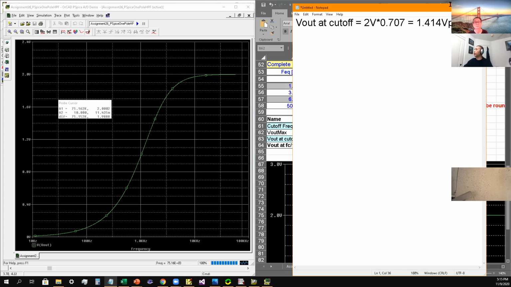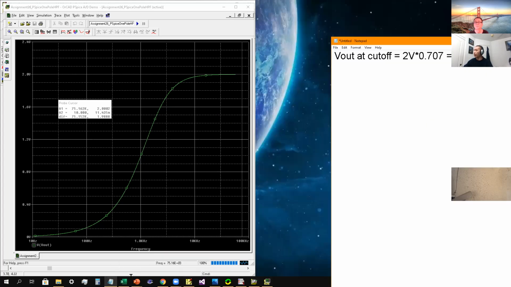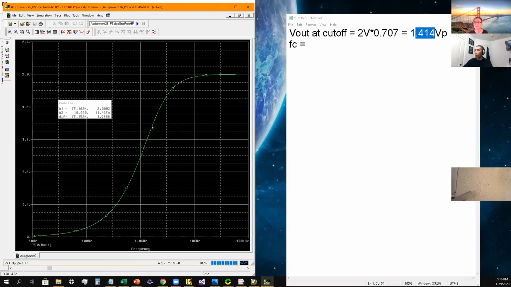So therefore we look at exactly where the frequency is at the cutoff. That's the next one right here, the cutoff frequency. So FC would equal, we look at exactly this point right here. We're looking at 1.4.